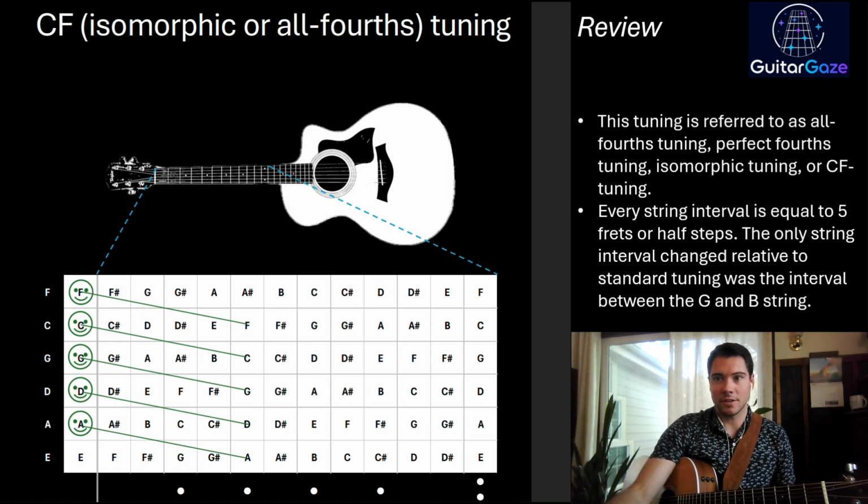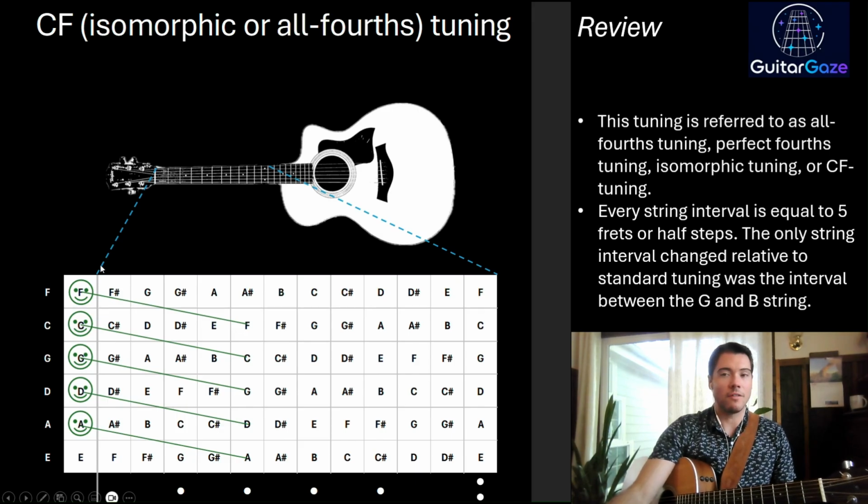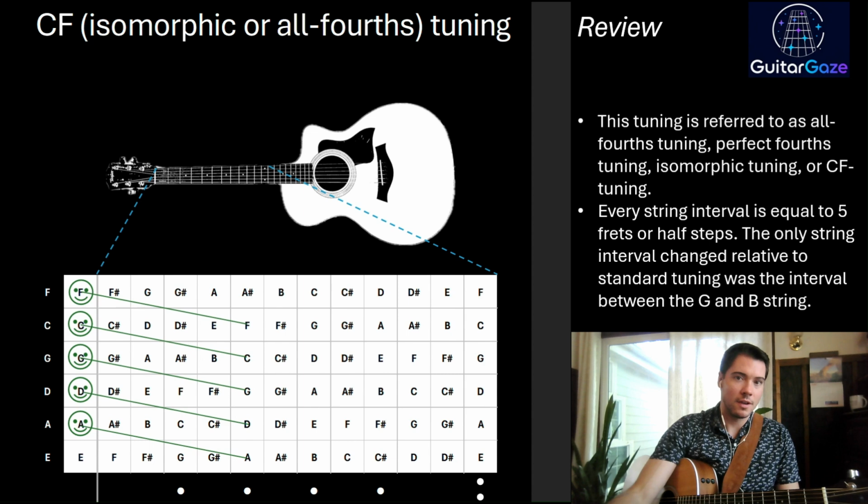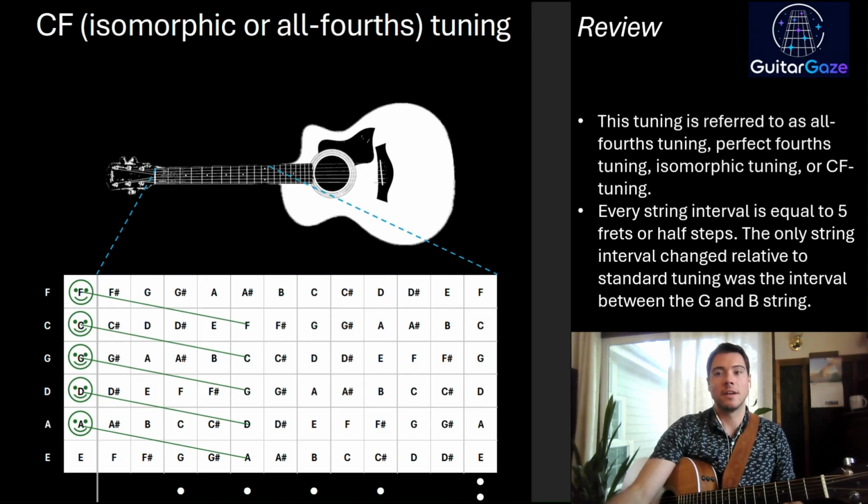So I will interchangeably refer to this tuning configuration as CF tuning, isomorphic tuning, or all-fourths tuning, and it just means that the intervals between all the strings are equivalent to 5 half steps, and the natural repeating geometric pattern, or translation tessellation as it's called in geometry, is restored on the guitar. Everything is consistent across the fretboard, and the patterns repeat themselves horizontally and vertically rather than just horizontally.